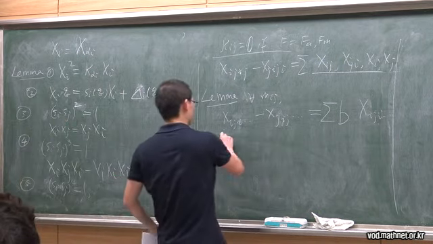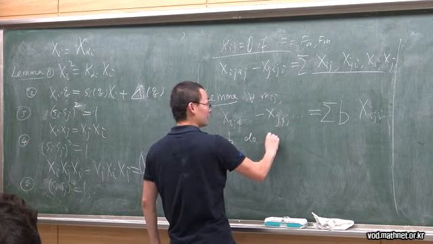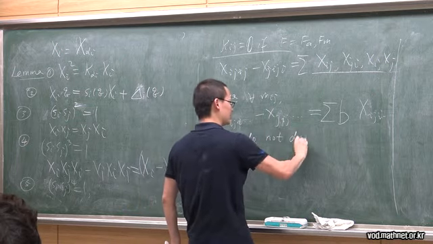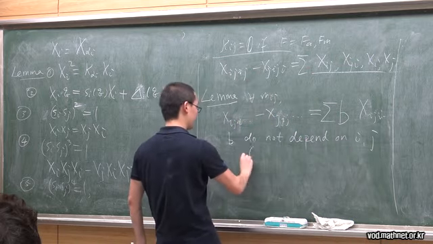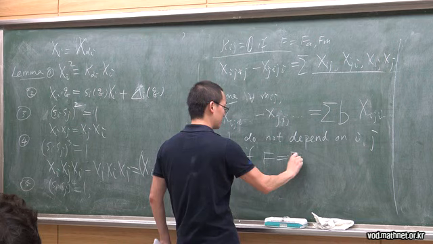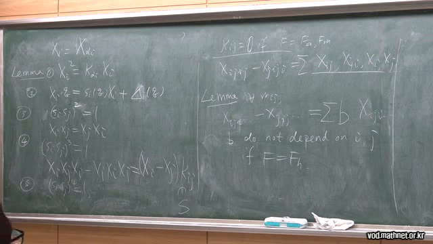But the b's do not depend on i, j in the hyperbolic case. So that's the nice thing about the hyperbolic form of the group problem: the coefficients are still there, but they do not depend on i and j.